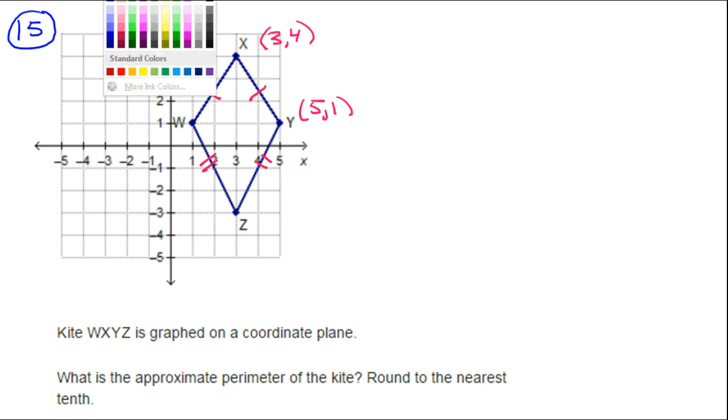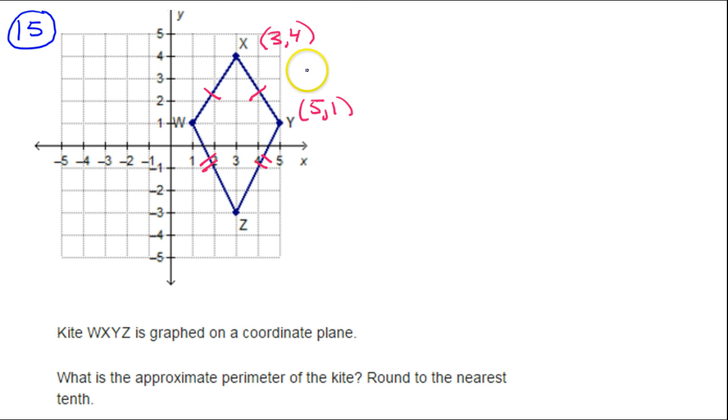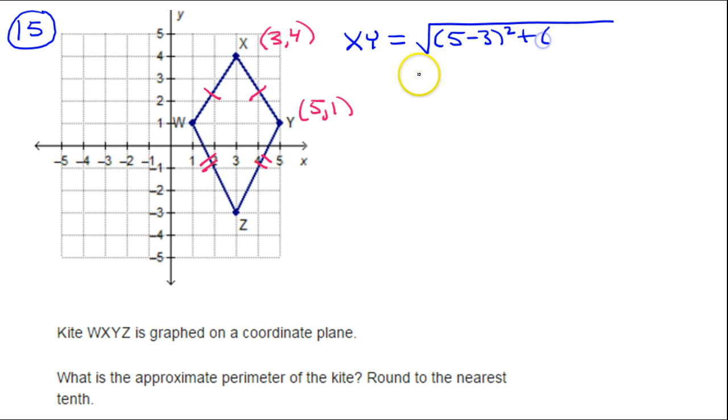Okay, so we can use the distance formula to find the length of XY. So I'm doing x minus x and y minus y. So x minus x, so that'll be 5 minus 3 squared plus, now y minus y, so 1 minus 4 squared.